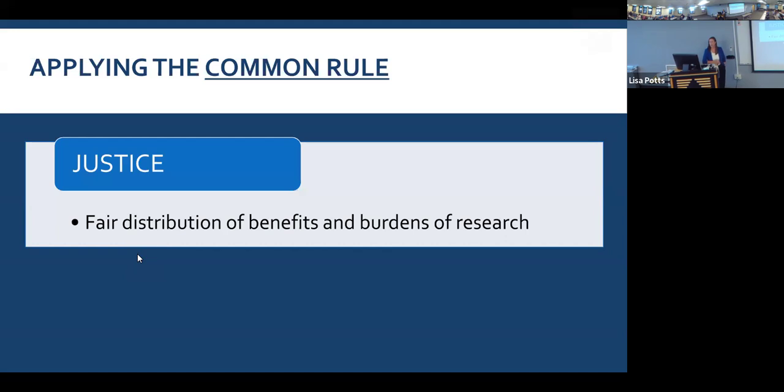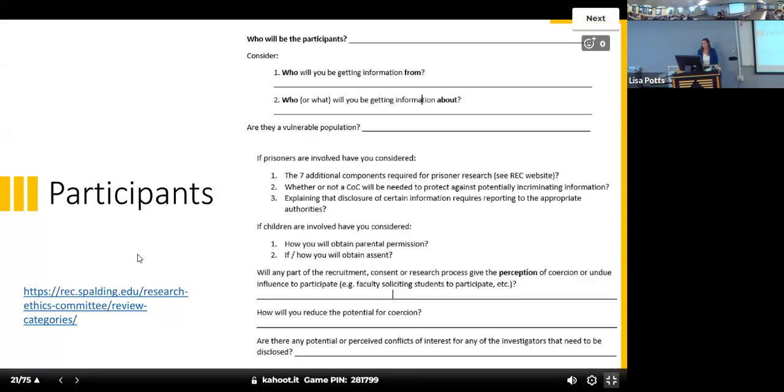Why is that your target population? The benefits and the burdens both need to be distributed so that it's not always one group of people being asked to participate and shouldering the burden of research participation.